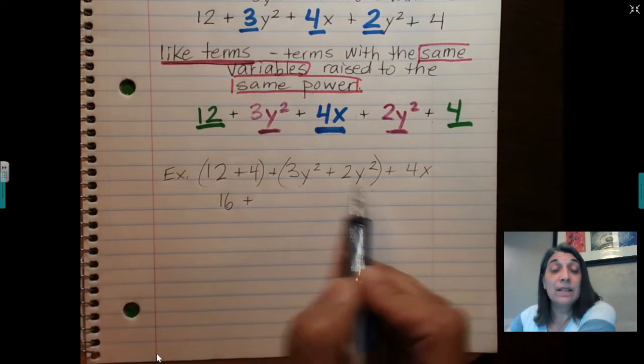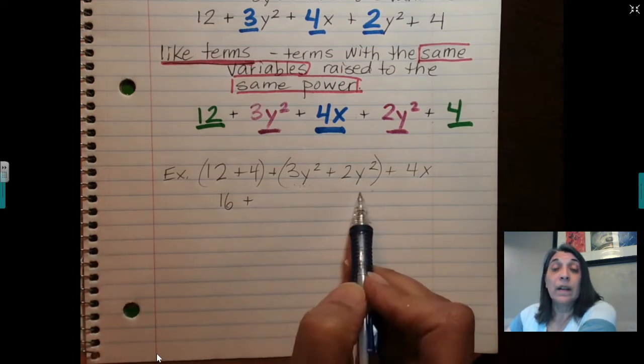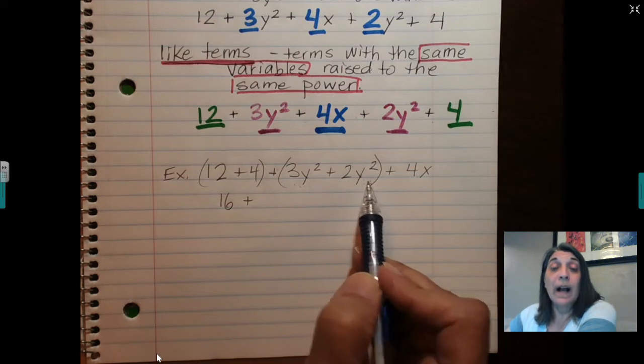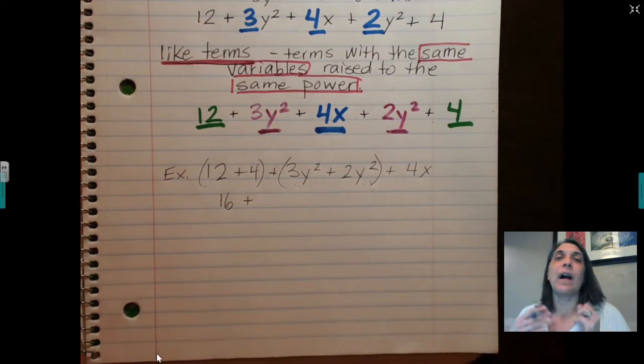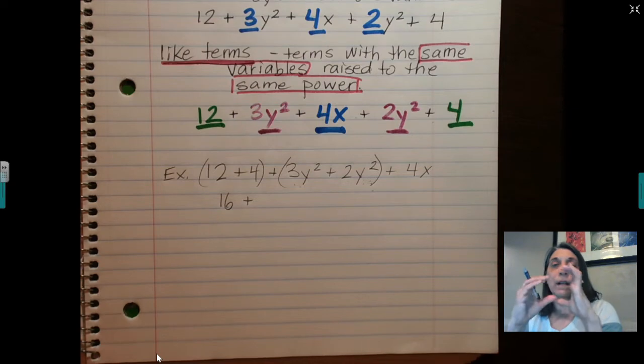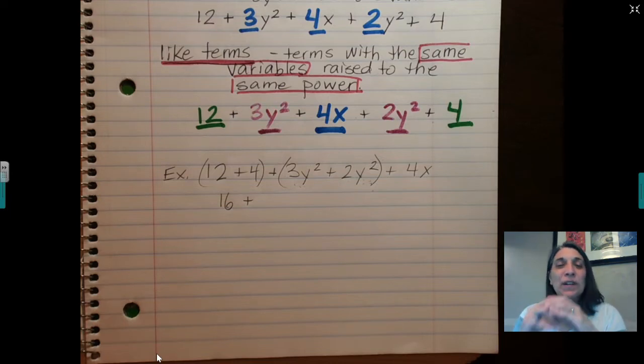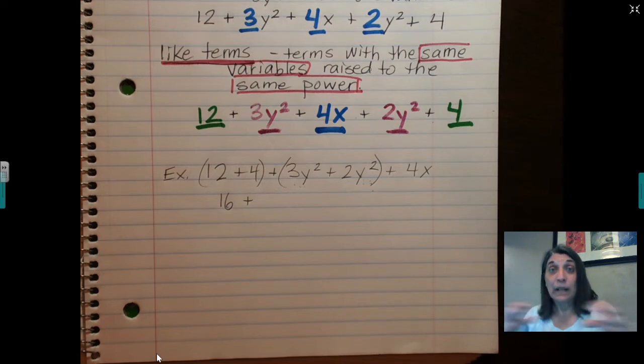This is new to us. If I have 3y squared and I have 2y squared, I can add them together. Think of them as like objects, like if y squared was a little tile. They do have algebra tiles, but I usually bring those out in class. If y squared was a little yellow tile that said y squared on it, and I had 3 of them, and then I had 2 more little yellow tiles that said y squared, how many little yellow tiles do I have?